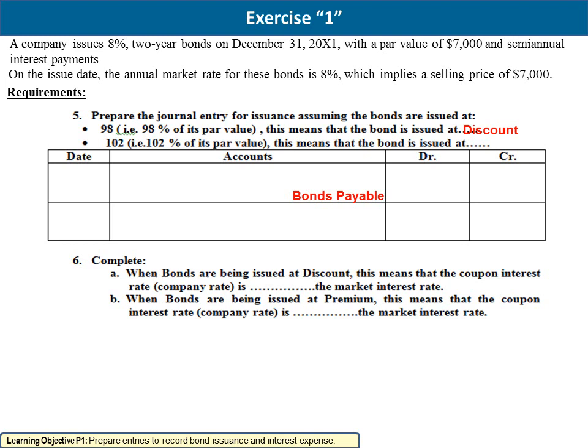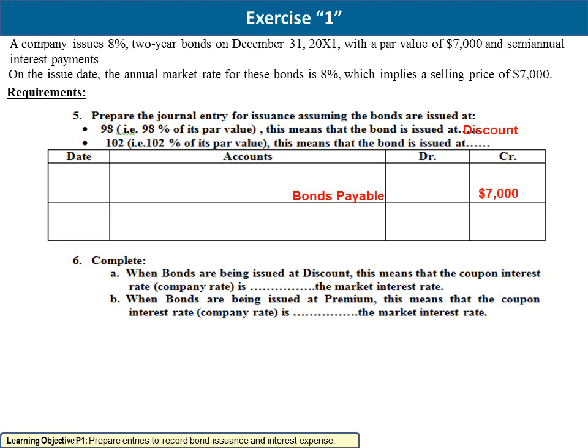Again, always remember, we record bonds payable with the par value because after 2 years, at the end of the life of the bond, the company will return to the investor the par value, the 7,000. So it will not return the issuing price. So we will credit bonds payable to indicate the increase in the liability of the company by 7,000.